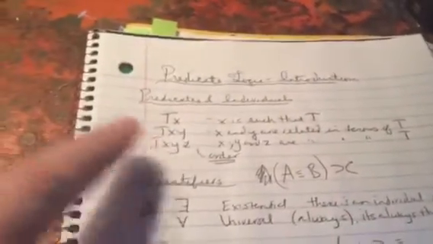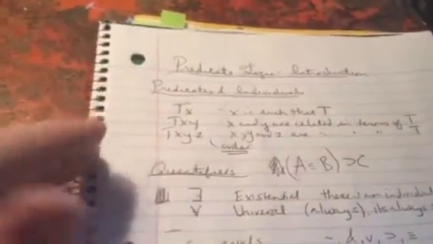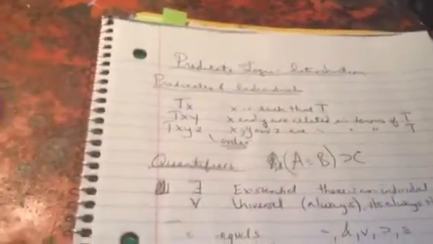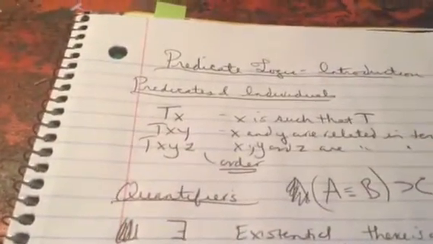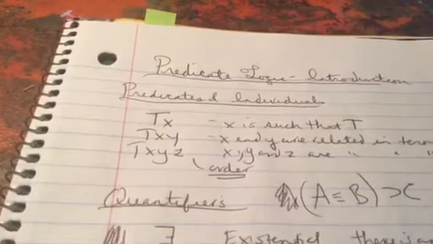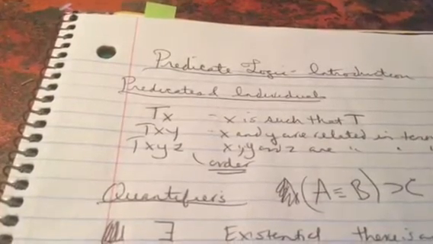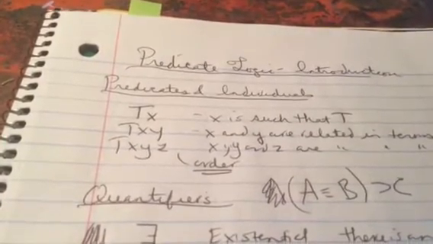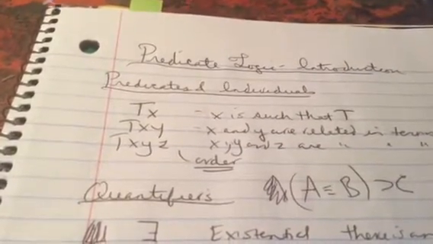So what is meant by Tx? X is a lowercase letter, and that means that X is an individual. T is an uppercase letter, and that means it is a predicate. So let's say I am an X. I am an individual.